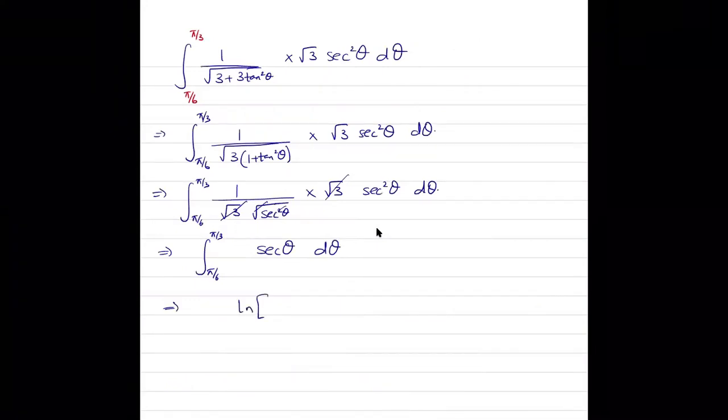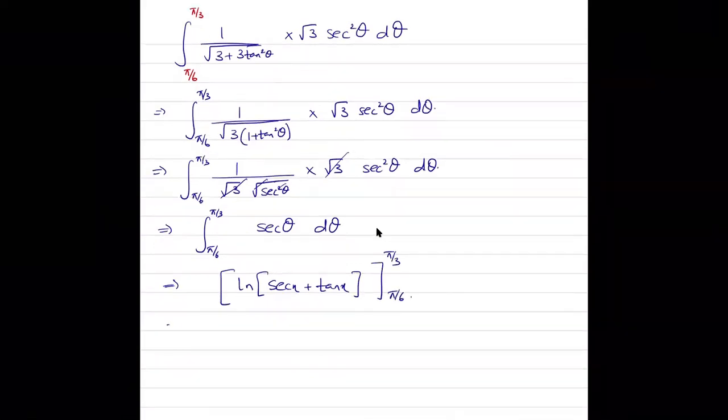It was ln secant x plus tan x, and the limits were pi upon 3, pi upon 6. Let's substitute the values now. Ln secant pi upon 3, which is 1 upon cos pi upon 3.